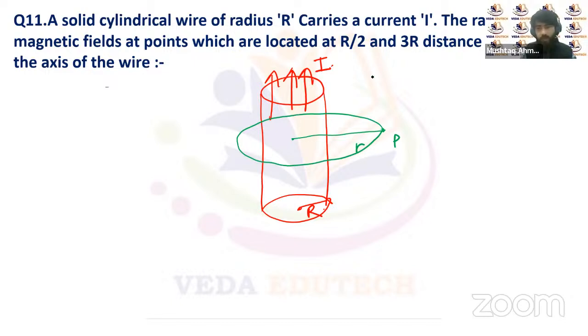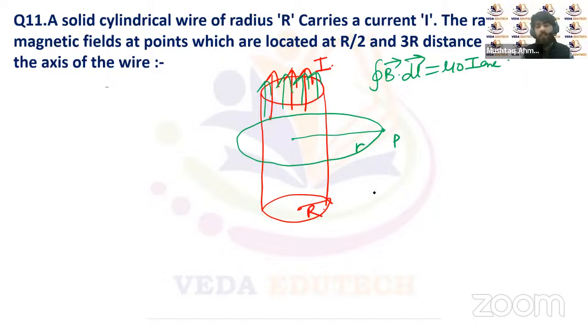Ampere's law is the integral of B dot dl equal to mu naught times the current enclosed by this Amperian loop. The current enclosed by this Amperian loop will be the total current flowing through this cylinder, that's current I.